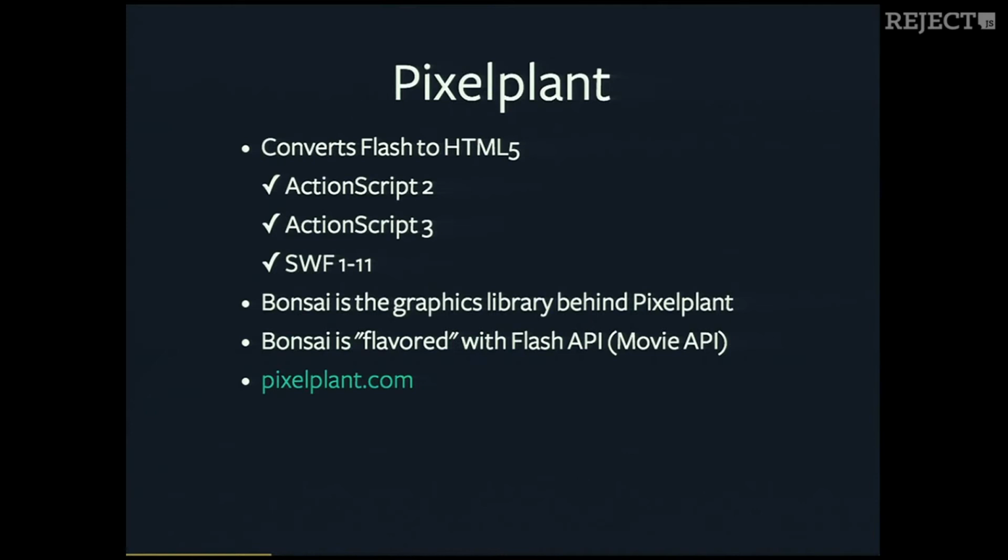Bonsai is the graphics library behind Pixelplant. Pixelplant actually transforms the SWF to Bonsai code, and that's one reason why we built it, because other graphic libraries didn't provide all the API we need to draw our Flash movies. That's why Bonsai is flavored with some API that looks similar to what a Flash developer knows. You can find Pixelplant on pixelplant.com.